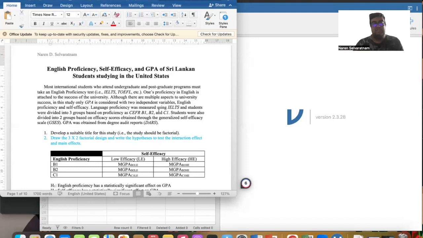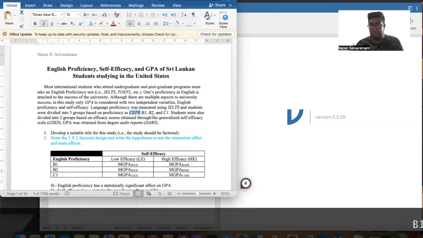Here, language proficiency was measured using IELTS, and students are divided into three groups based on their proficiency. Now, the division was done using the Common European Framework of Reference levels. In this study, we have considered three levels, B1, B2, and C1. I think B1 should be about 5.5.